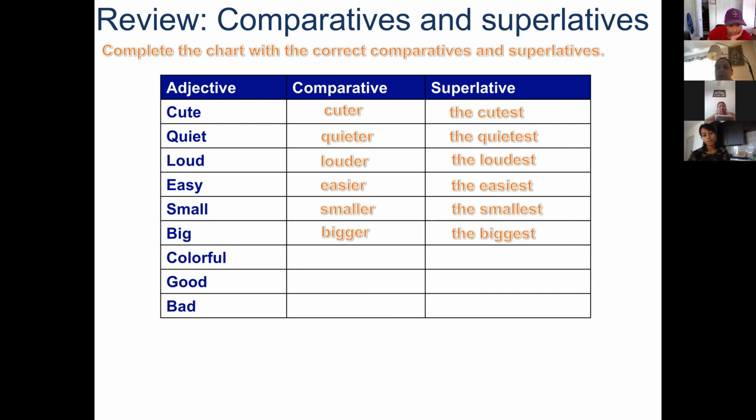Colorful? Here we're going to use the word more. More colorful and the most colorful. Yeah. Norma, good.